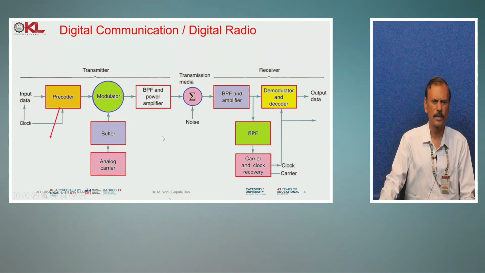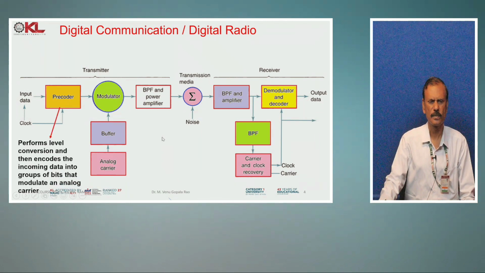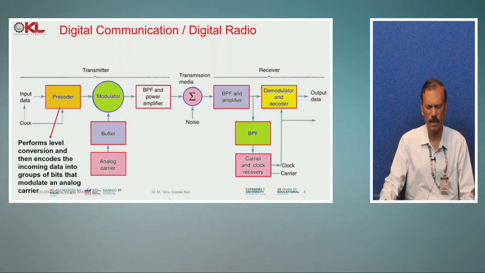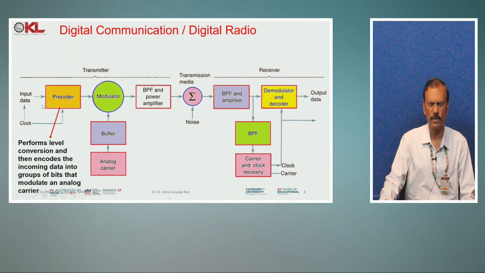What is the function of the precoder? The precoder performs level conversion and then encodes the incoming data into a group of bits that modulate an analog carrier. As we know, natural signals are analog signals, so to transmit a digital signal, the natural signals are converted to digital format.